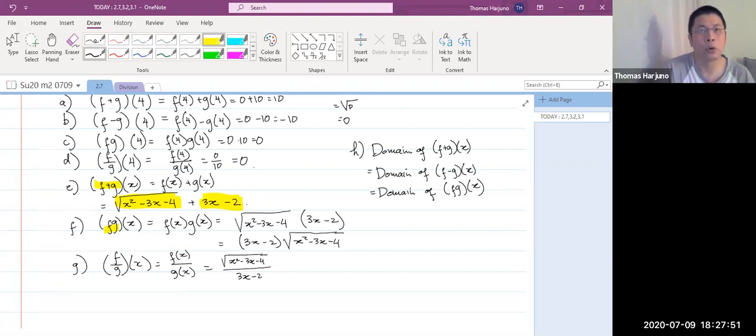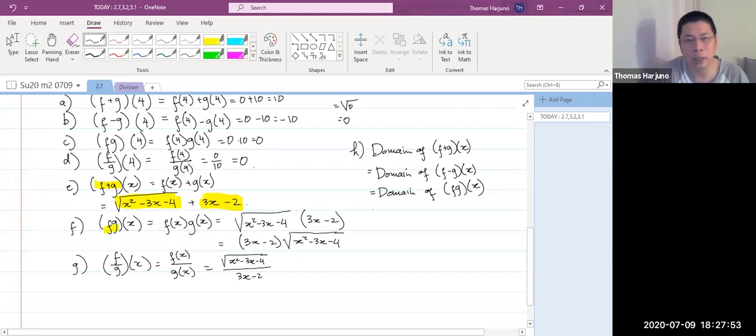Okay, so the domain will be the set of all x where x squared minus 3x minus 4 is non-negative, intersected with the domain of g(x). That's a linear function, so it's all real numbers, right? But it has to satisfy both.